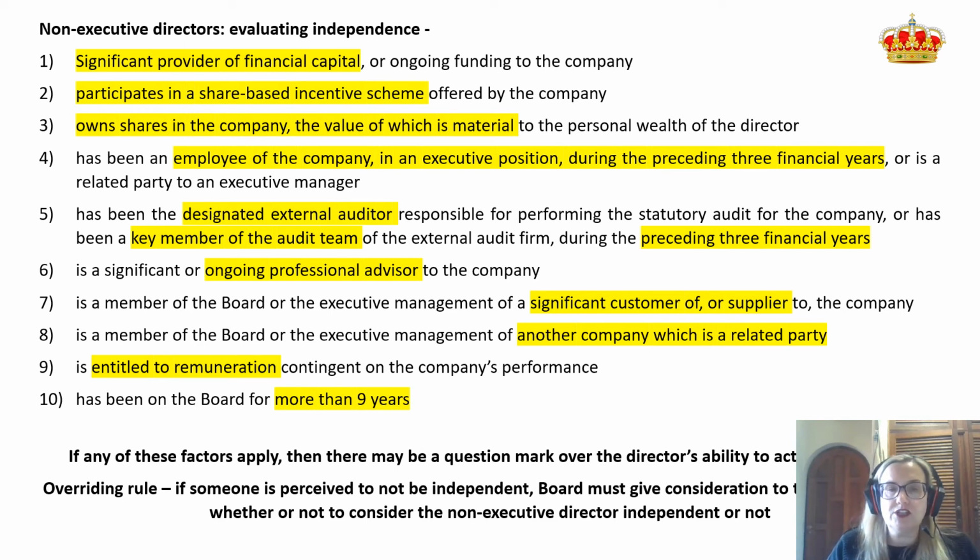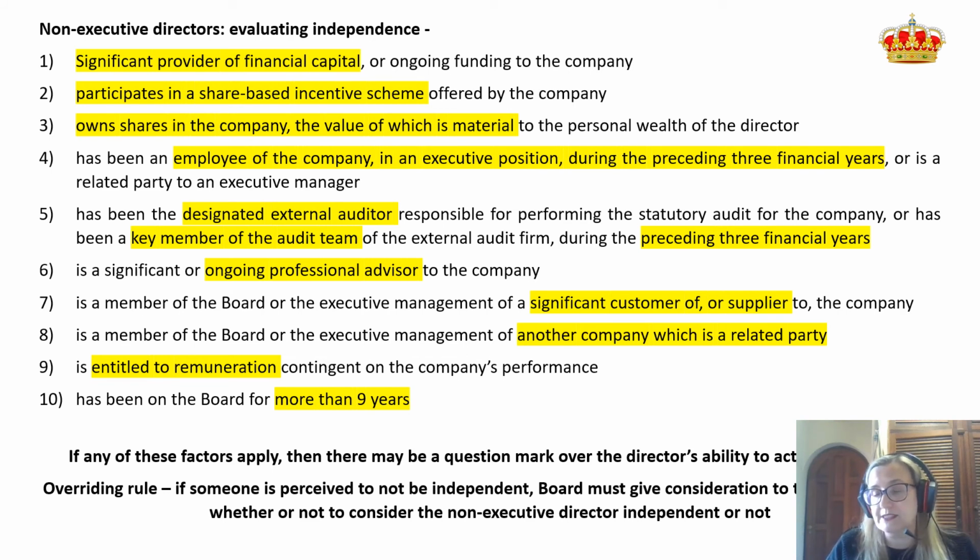If you have an ongoing professional advisory relationship with the company, so if you have an acquisition expert who, that's what they do, they go about and broker acquisitions, and they're a member of your board and they have a contract with you to broker those sort of acquisitions, then they cannot be independent.